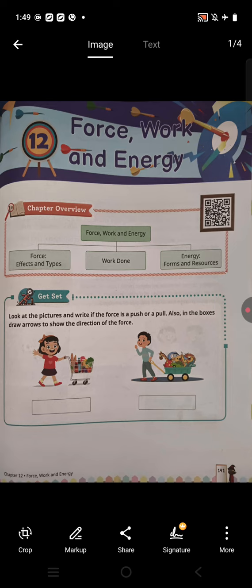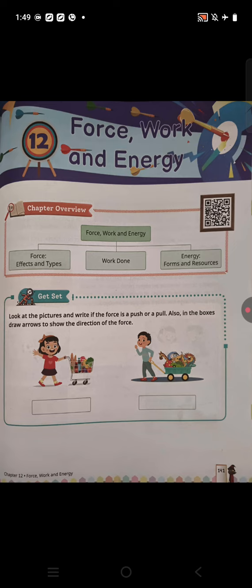In the first picture, a girl is pushing the cart, and in the second picture the boy is pulling the cart. So here you have to write whether the force is push or pull and draw arrows to show the direction of the force that is applied by the girl and the boy.